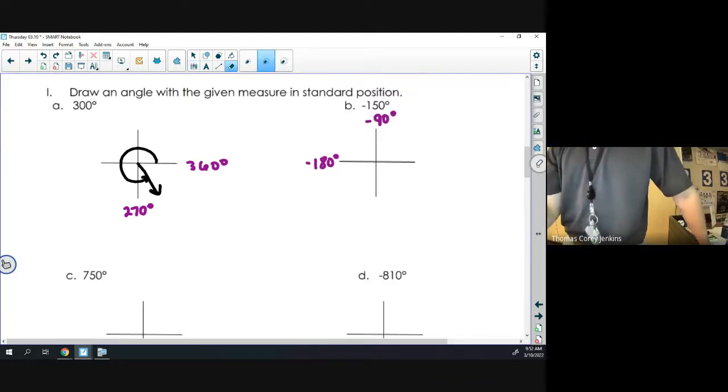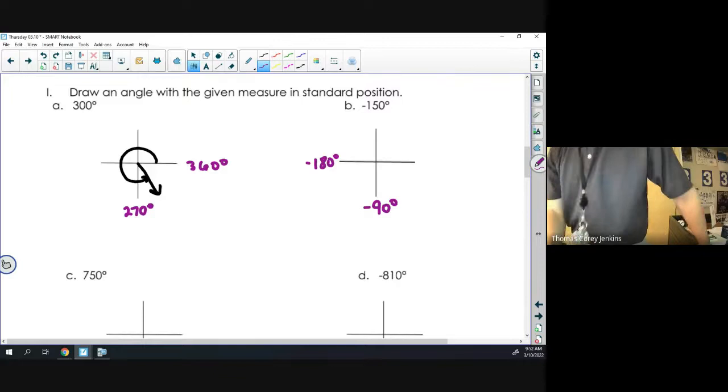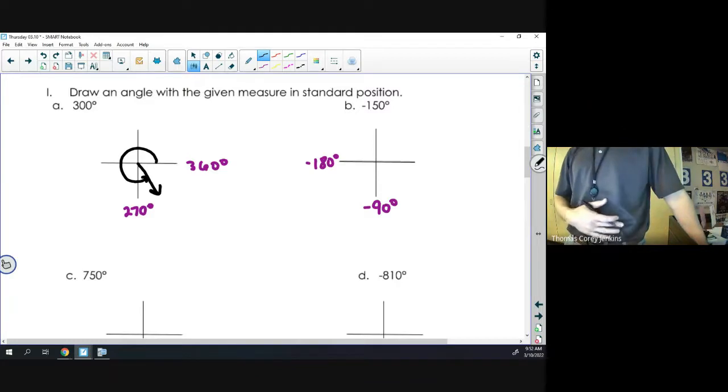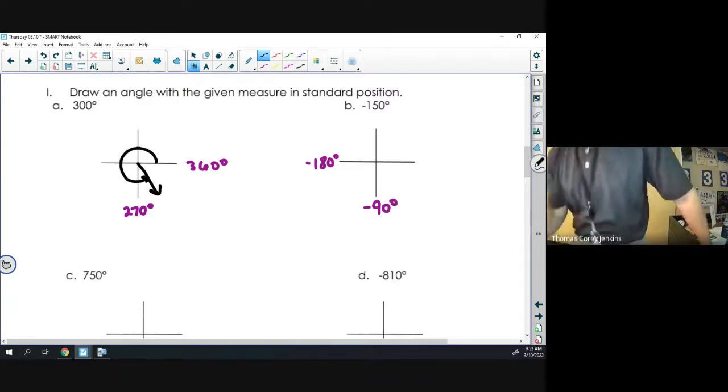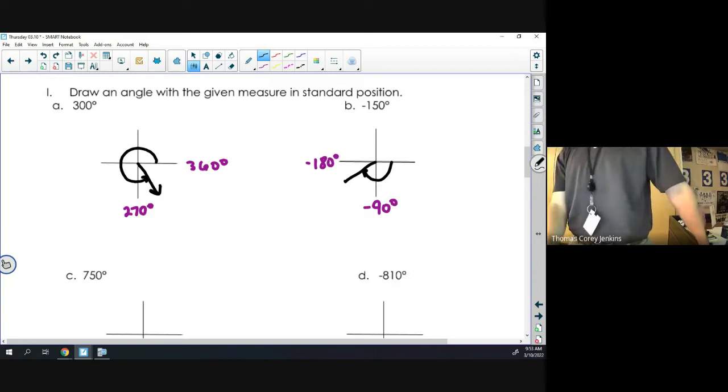Negative 90 would be here. I was going the wrong way. All right, so still, though, closer to negative 180, okay? Just going the other way. All right, so you're kind of thinking 30 degrees shy of negative 180.